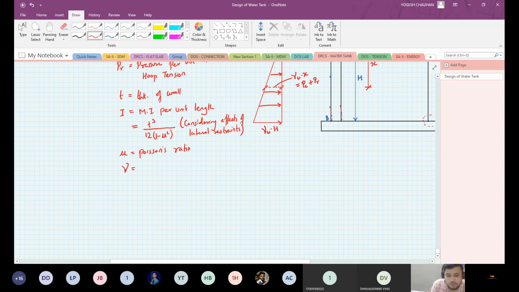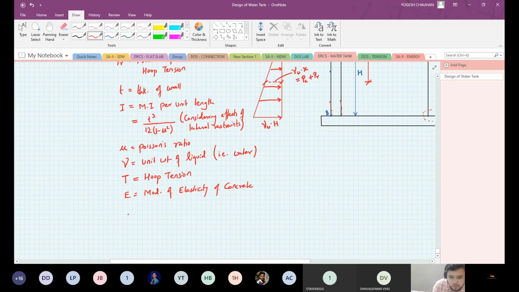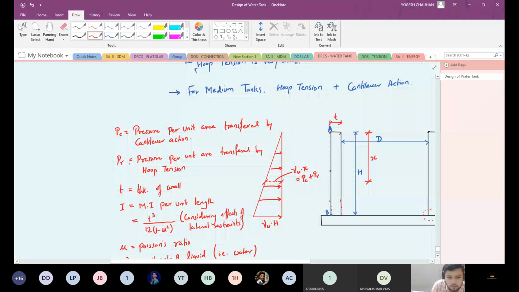Let gamma be the unit weight of liquid, in this case water. Let T be the hoop tension, E the modulus of elasticity of concrete, and YR the radial expansion due to this pressure Pr.